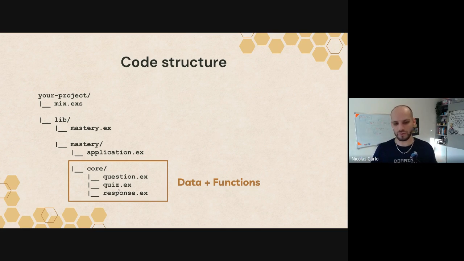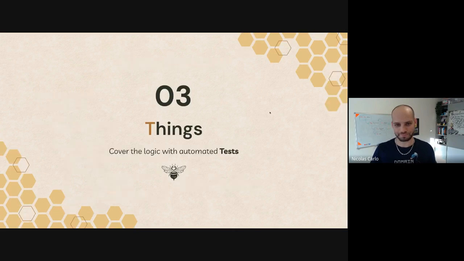So here we have our data and functions together. We're going to talk about tests. Quickly, I just want to mention that they talk about tests as if it's a third layer. It is not. Just to say, it is not another layer. And they say it in the book.